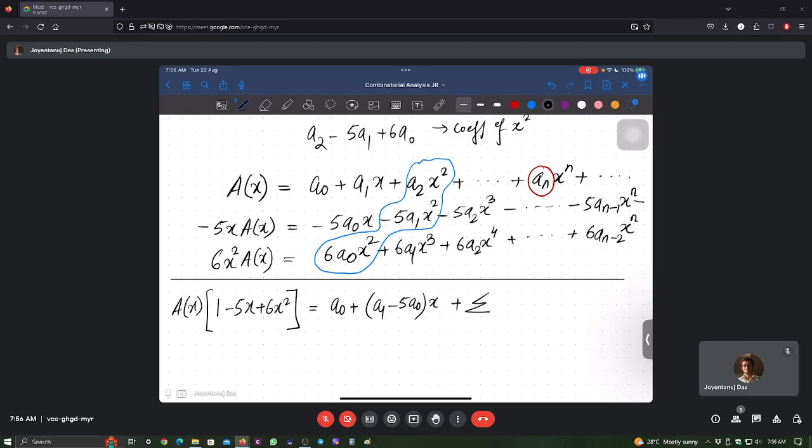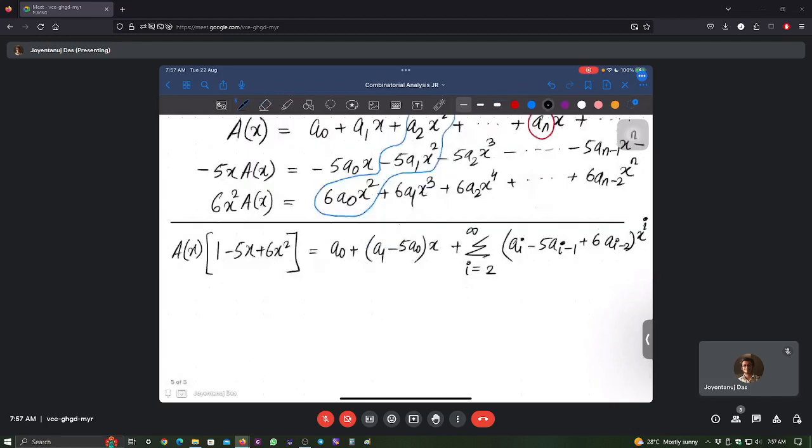Then starting from i equals 2 to infinity, this is a_i minus 5 a_(i-1) plus 6 a_(i-2), times x to the power i. Fine. Right. So now actually we can use our initial conditions. So a0 is 0 and a1 is 1.